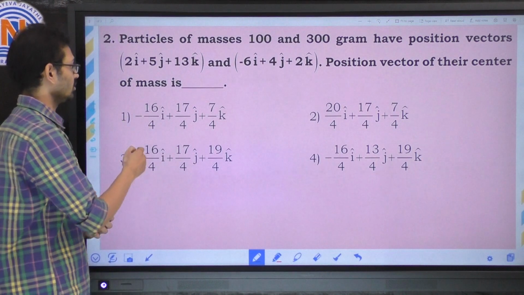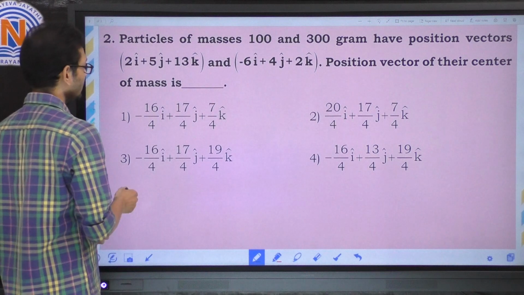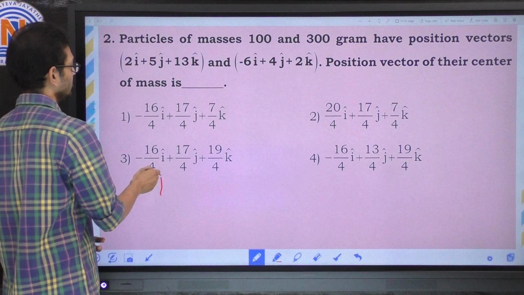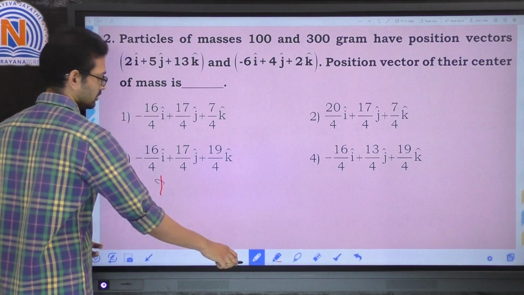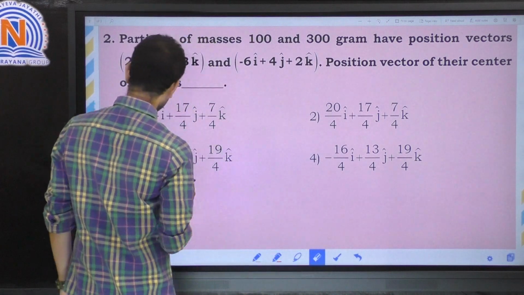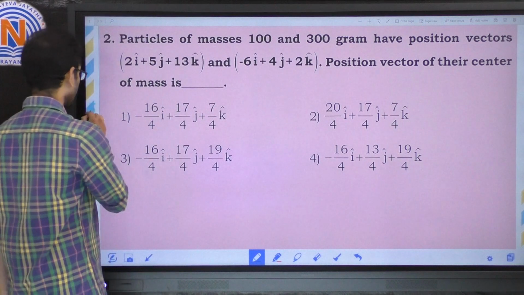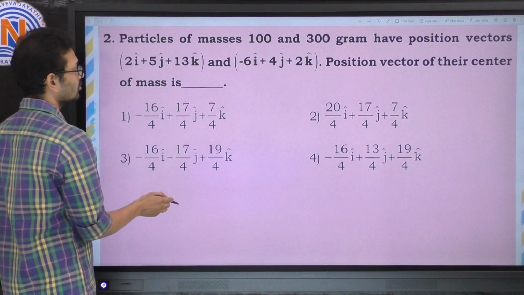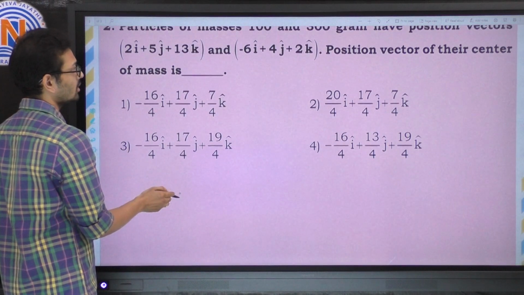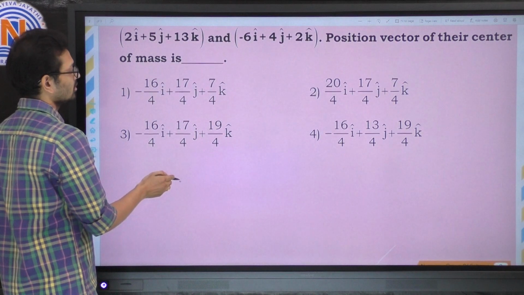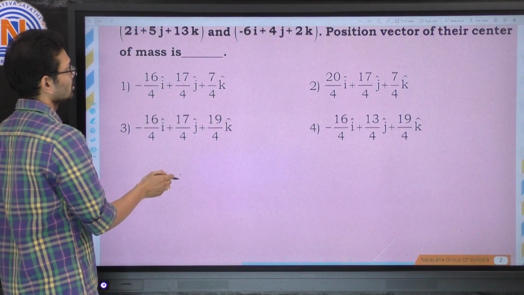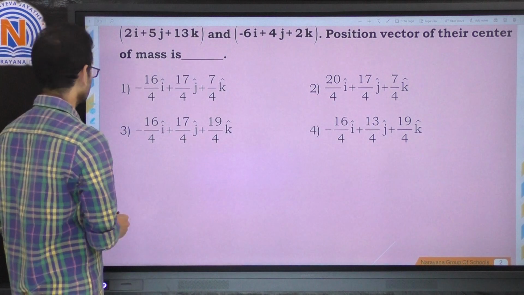Now let us go with the solution. As for the given data, I am going to write it like this: 100 and 300. So I'll write down the given data.